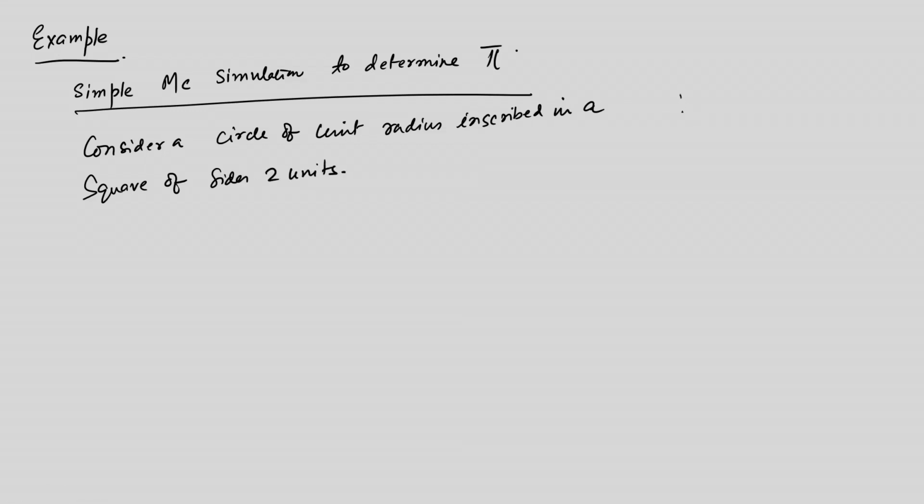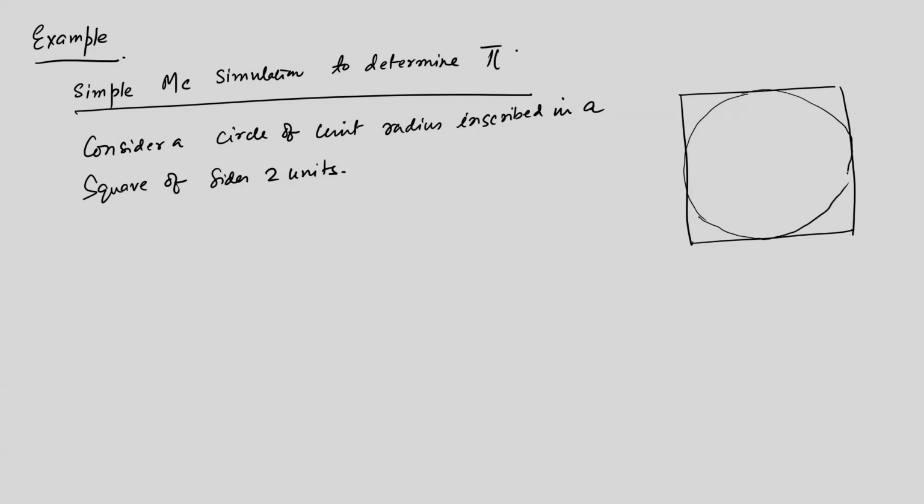Okay. So, this is the square of sides 2 units, and so excuse my freehand drawing of the circle. So, this is 1 unit and this is 2 units. Okay. So, it is completely inscribed here. So, this is 1 unit.